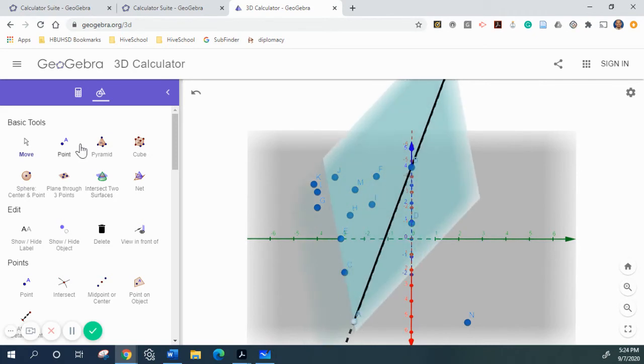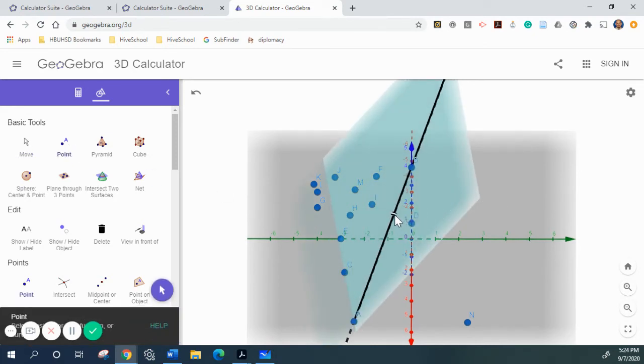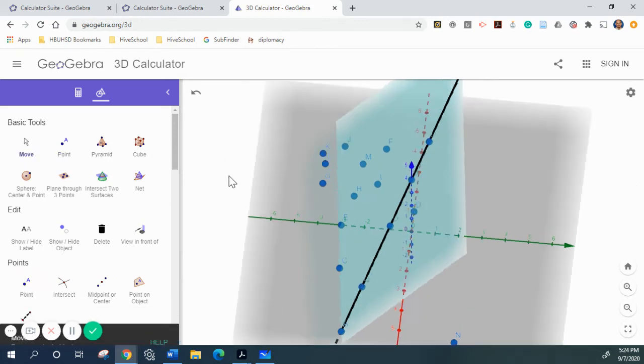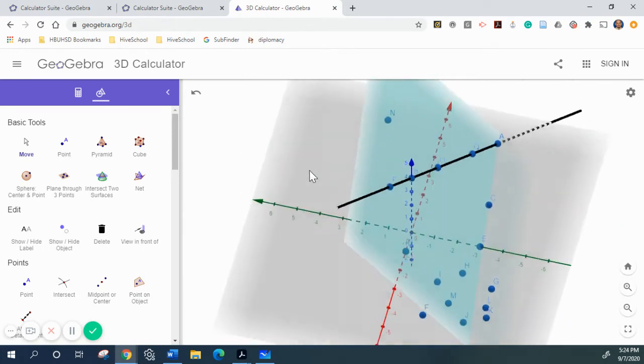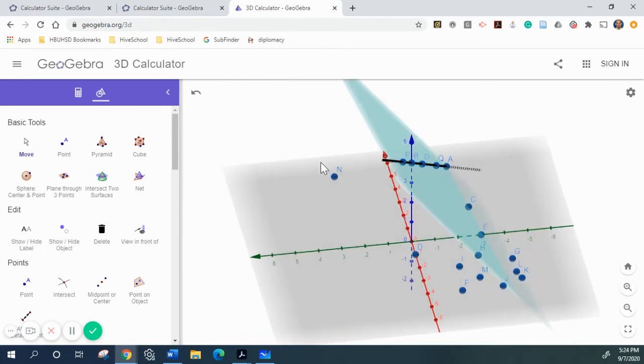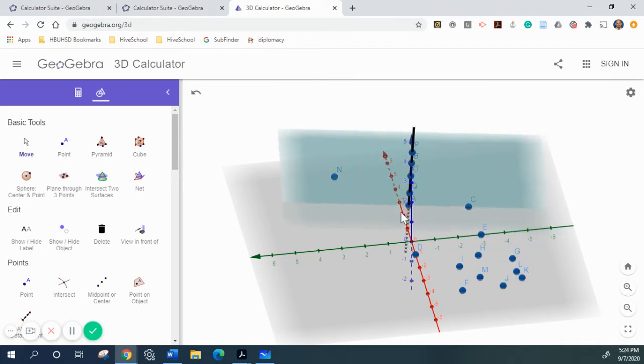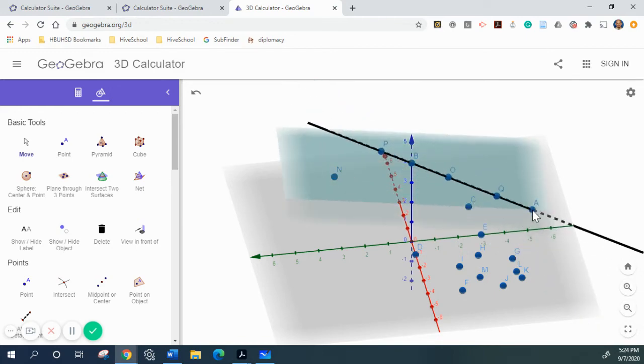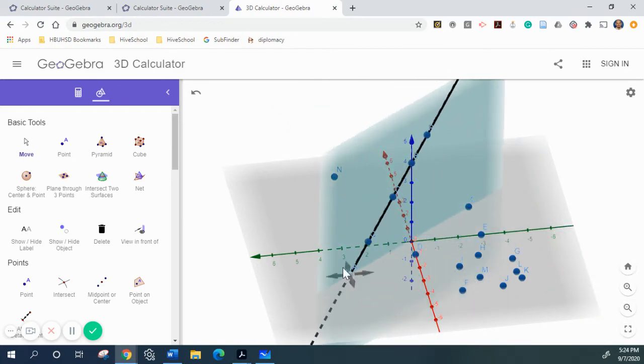Because if I were to put another point on this line, no matter where I try to put it, it's going to still be in the same plane. And again, if I try to move A, those points are still going to follow, and so every single point that's on that line will remain in that plane.